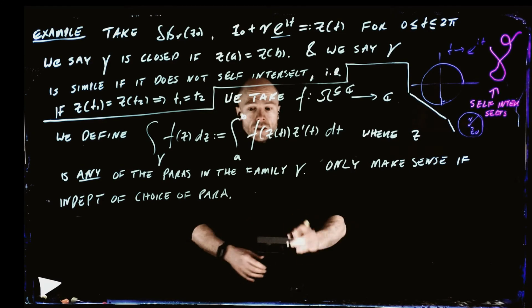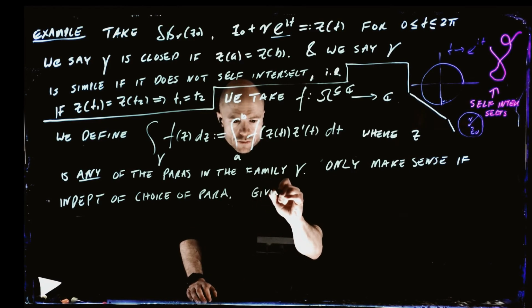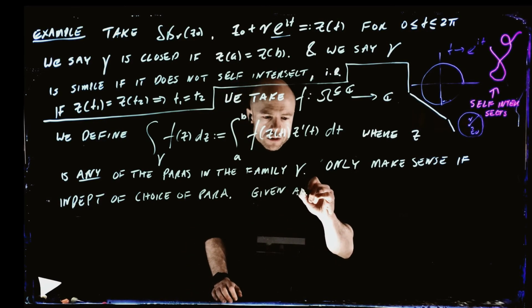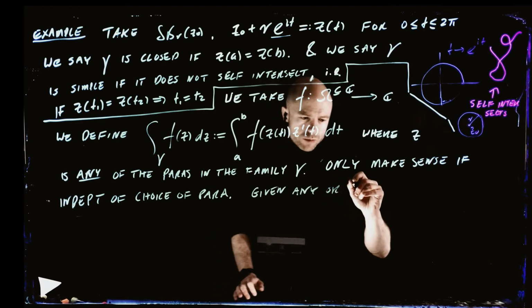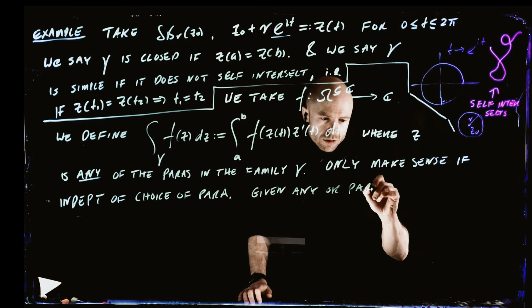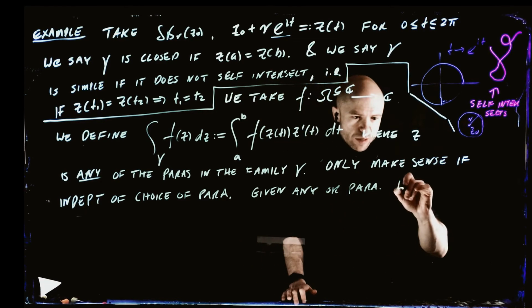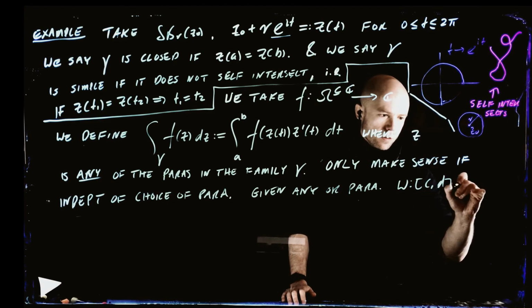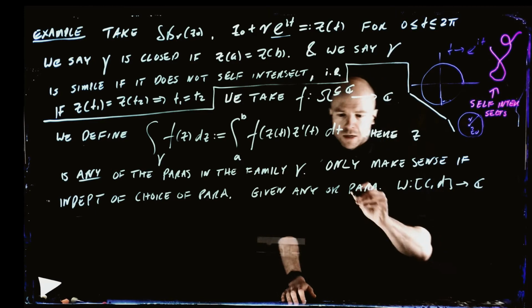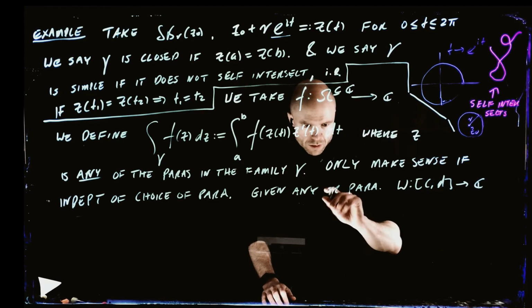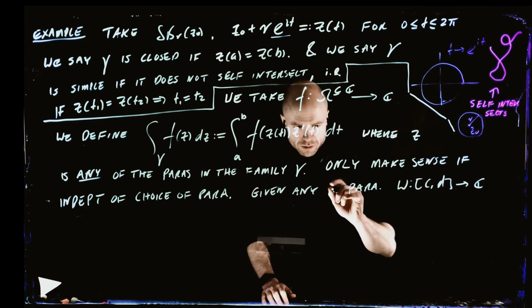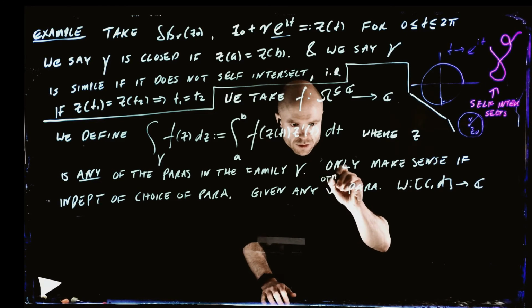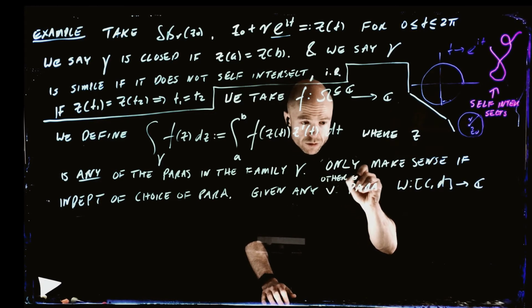So, given any other parameterization, this time let's say it's w from c to d into the complex plane, any other equivalent one.